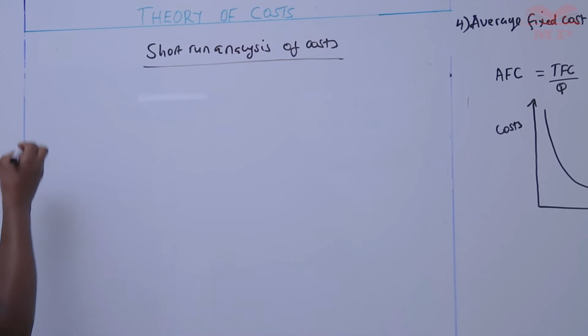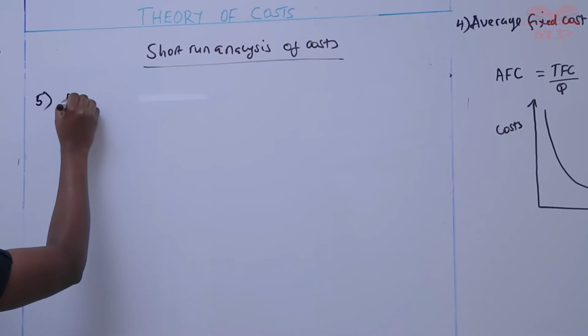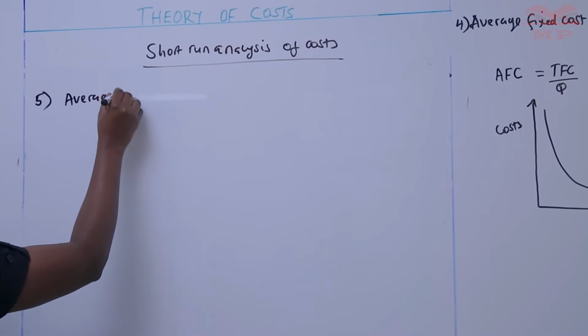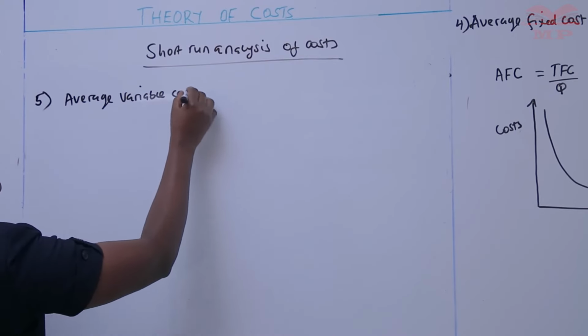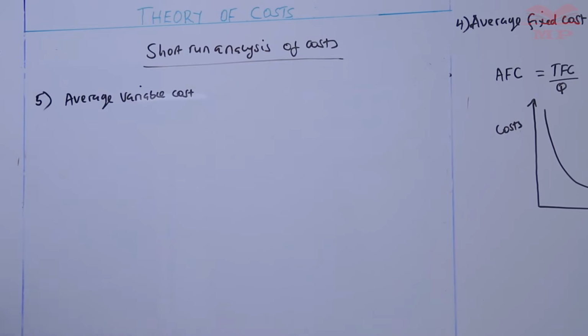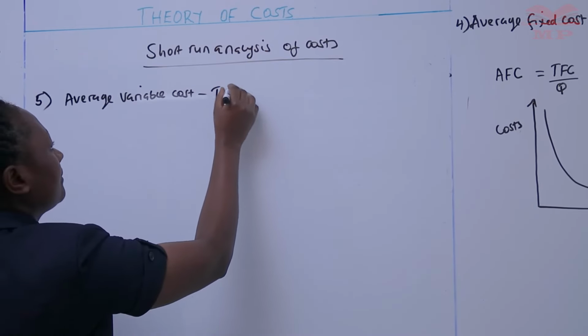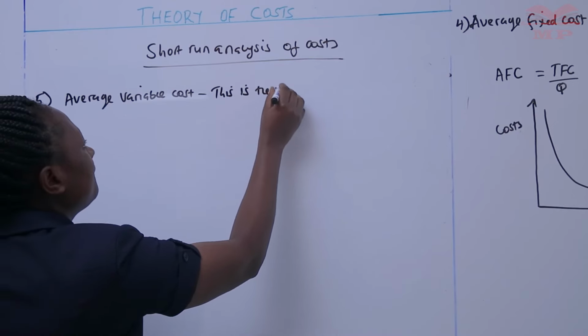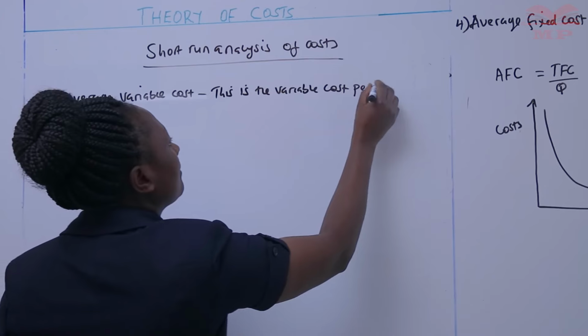So we move on to number 5. Our number 5 cost is average variable cost. This is the variable cost per unit.